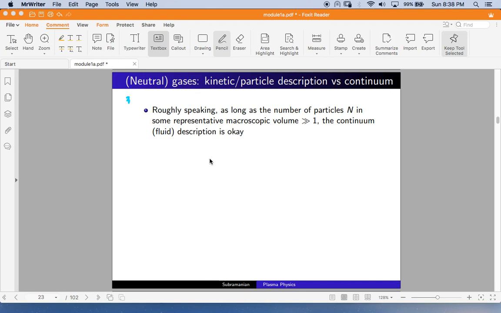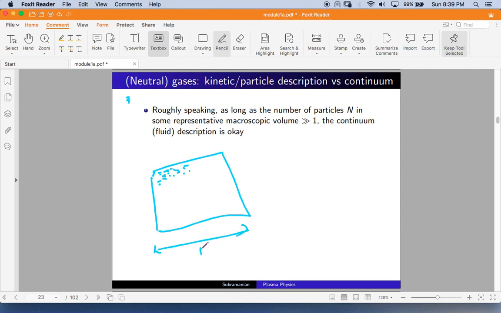You have a box with so many particles, and this would be some representative macroscopic length scale.